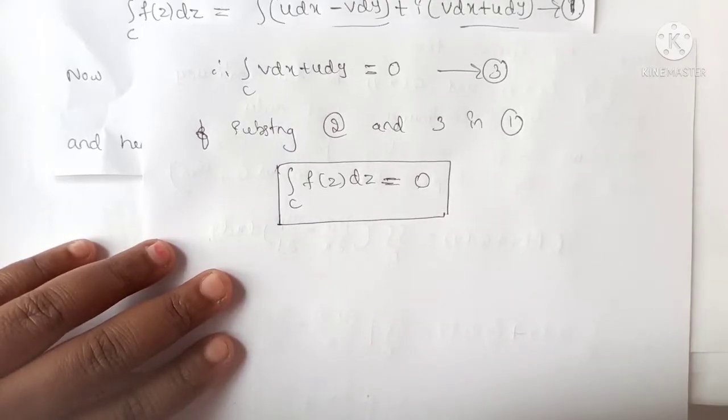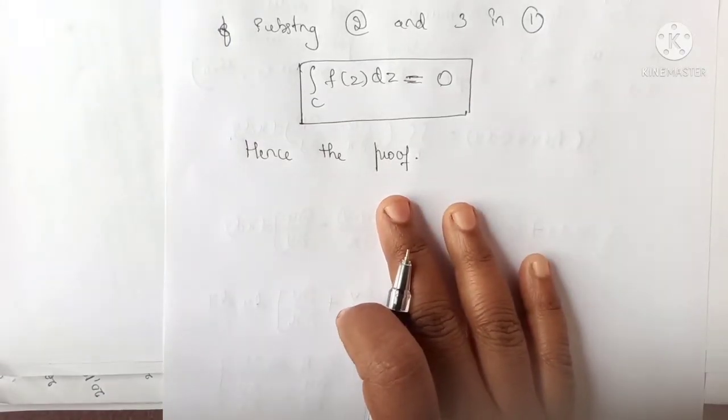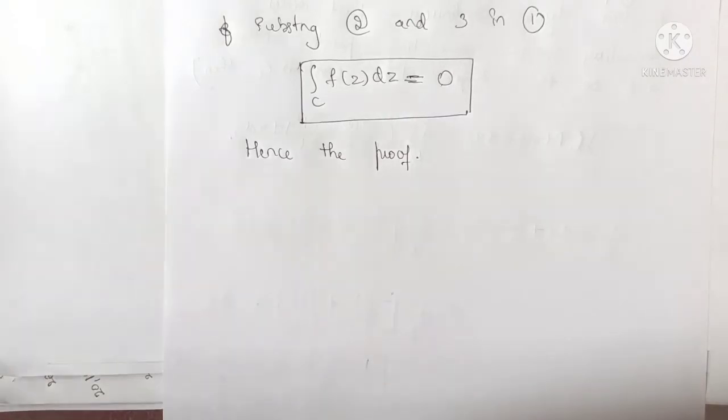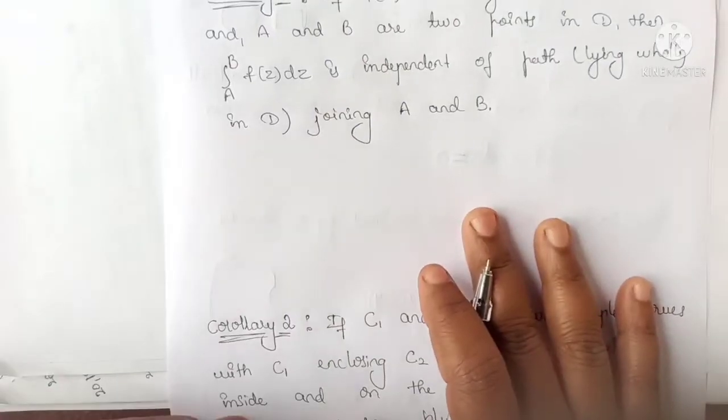Now on this theorem we have two corollaries. Let's see them one by one.